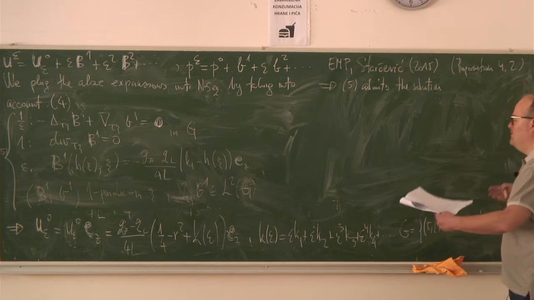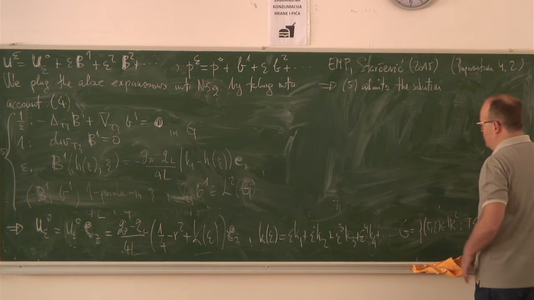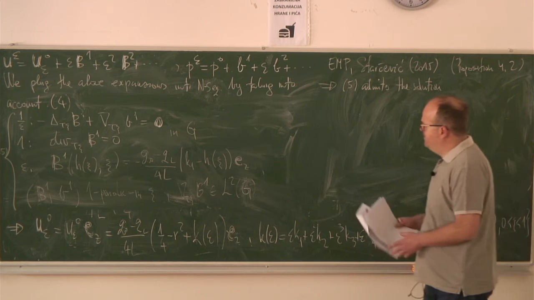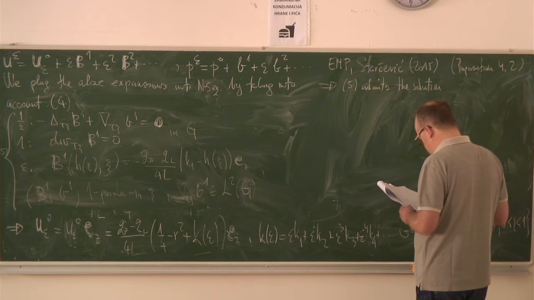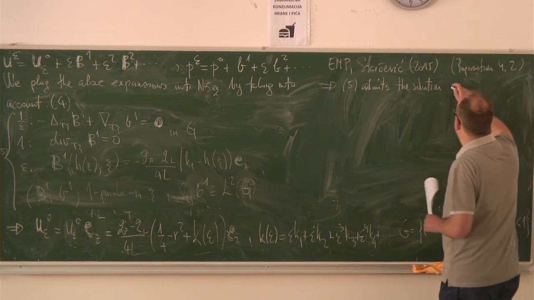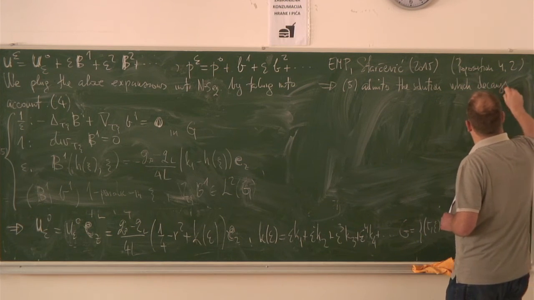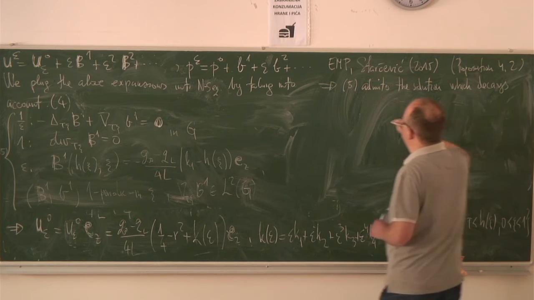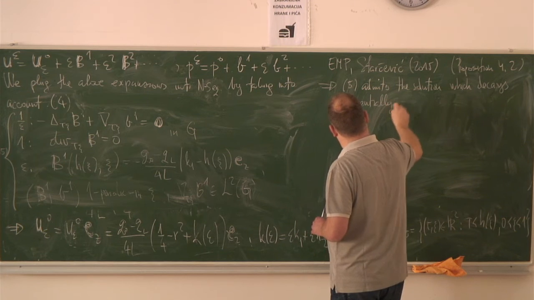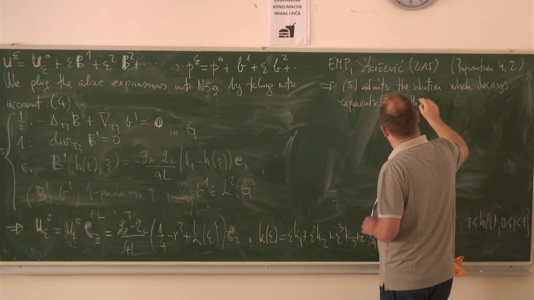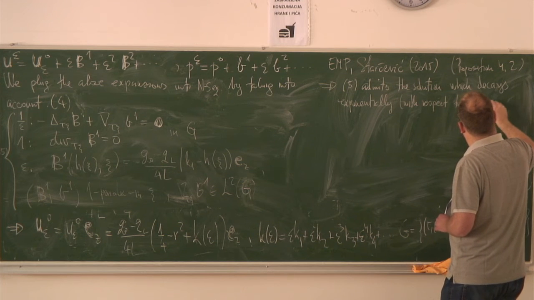Of course, always when you treat boundary layer problems, you have to have some kind of exponential decay result. So this one decays exponentially with respect to tau, of course, towards a constant.